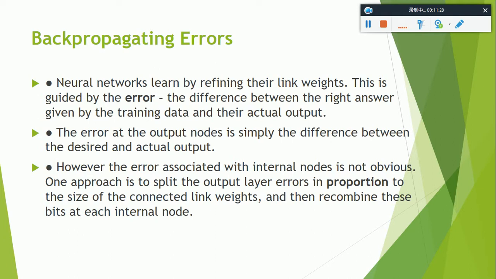In the output layer, the error is simply the difference between the desired and the actual output. We split the output layer error in proportion to the size of the connected link weights, and then we recombine these bits at each internal node. This is the point when we back propagate the errors.